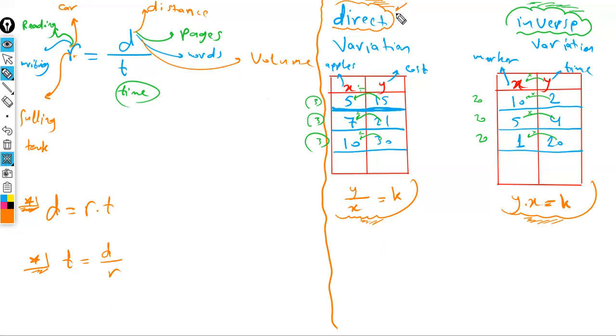And here we can say that x is inversely proportional to y. Directly or inversely. Okay? Okay, thank you. Now, let's go to the exercises. Please take a screenshot to save it because we will use these notes.